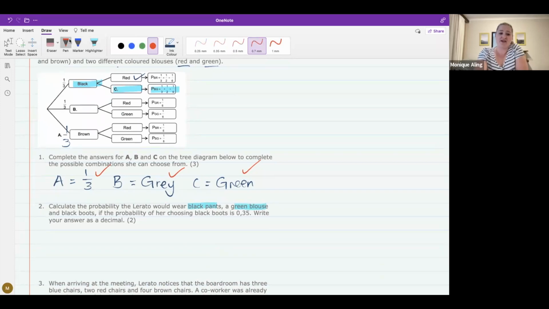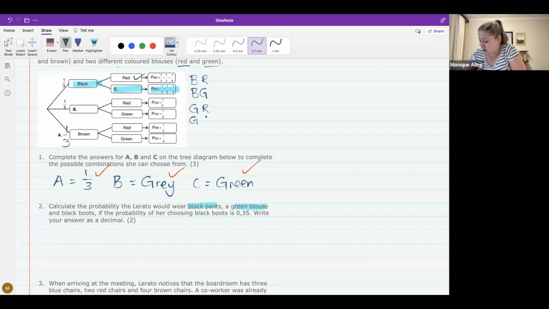Okay, so let's start off small. What is the probability of wearing black pants and a green blouse? Just that, black pants and green blouse. Let's not think about the boots yet. Black pants, green blouse. Nice, one sixth. Okay, so this is our black pants, red blouse. Black pants, green blouse. Gray pants, red blouse.